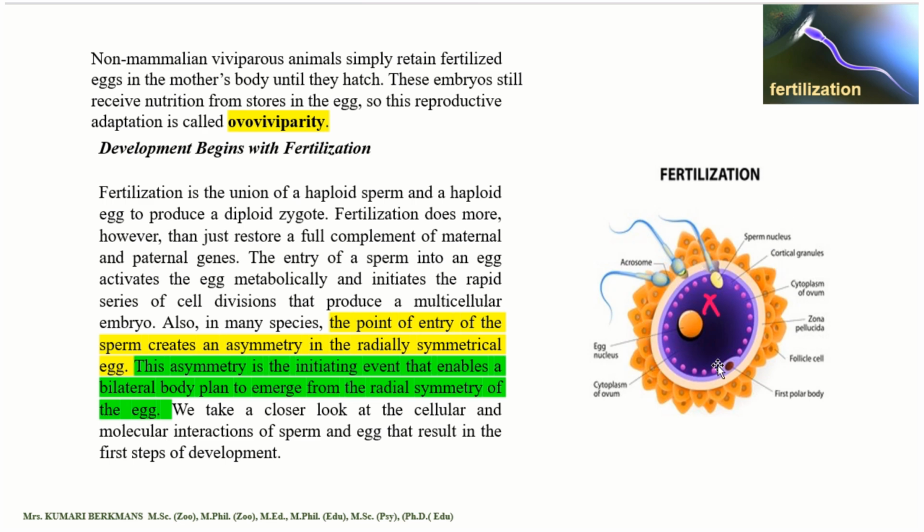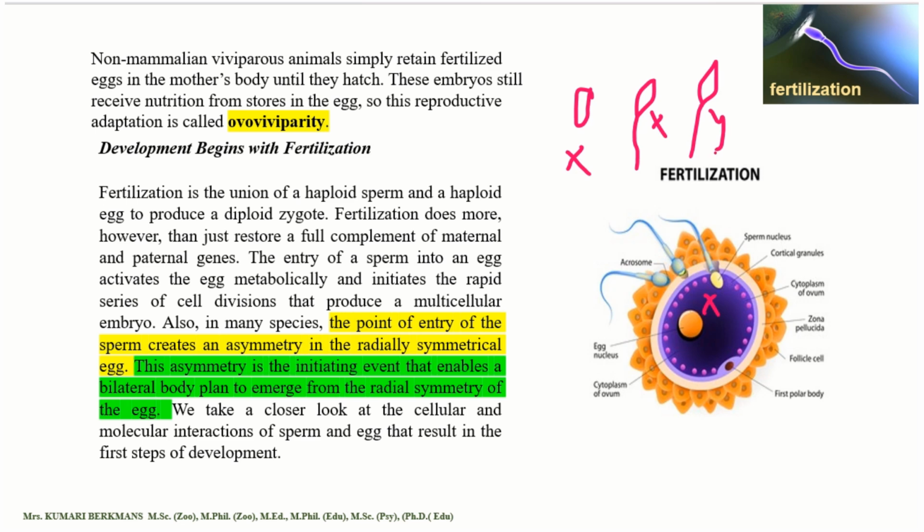And one more important thing we are going to see is how fertilization determines sex. In male and female differentiation, the ovum always possesses only the X sex chromosome. If you take sperm, there are two types: one possesses the X chromosome and the other possesses the Y chromosome.